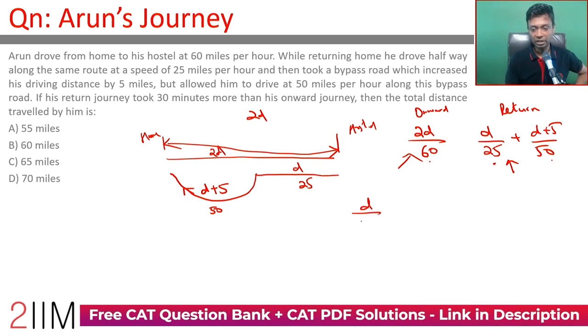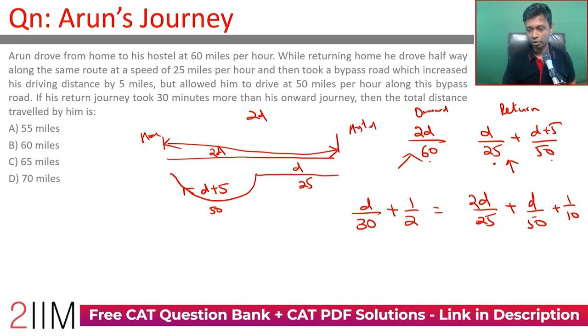Onward journey would have taken D by 30, 2D by 60, plus half equals D by 25 plus D by 50 plus 1 by 10. D by 25 plus D by 50 more, it is 2D by 50. So this is 3D by 50.